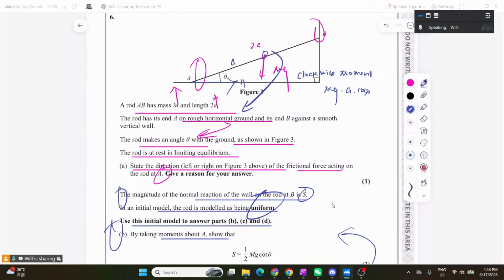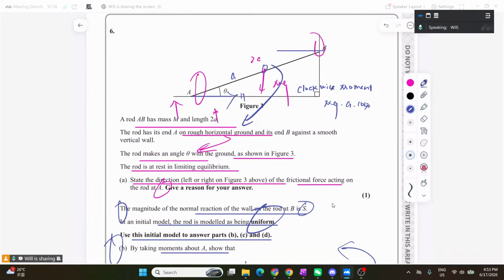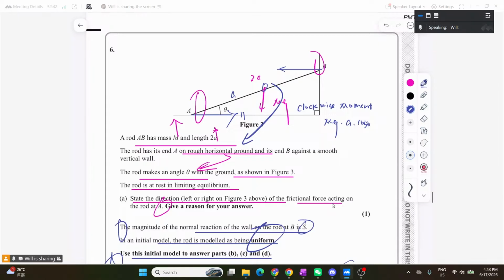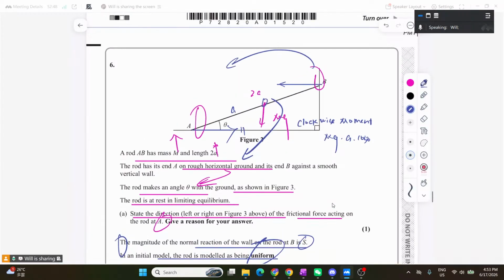Okay, no problem. But we also have the normal reaction, horizontal left at B. So we'll produce the anti-clockwise moment.